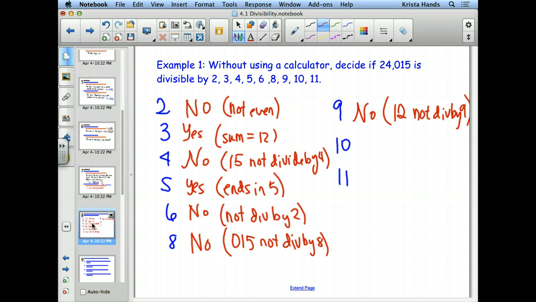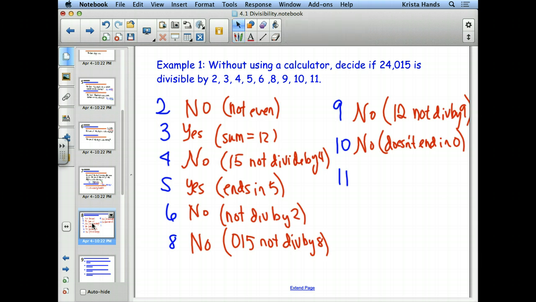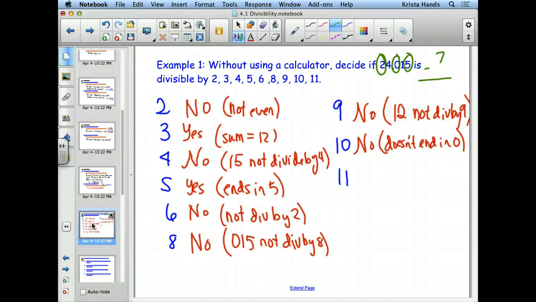How about 10? No, why not? Right, it doesn't end in 0. And to do 11, so let's do 11. We actually have to write it out, right? So I'll do it from up here. So the green numbers add up to 7. The numbers that I didn't circle add up to 5. And the difference is 2.